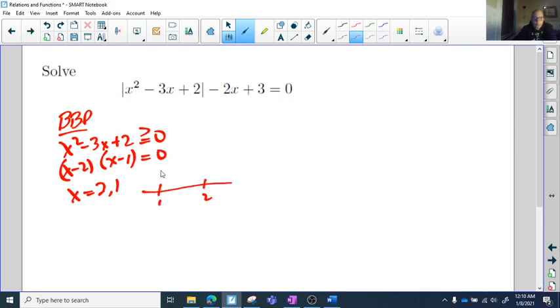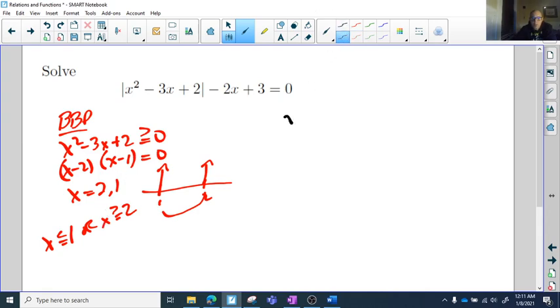So 1 and 2. It opens up, so it's positive here and here. So it's only positive if you choose x values less than or equal to 1, or you're working with an x value that's bigger than or equal to 2. So when I solve this, my answers must meet this criteria, or we call them extraneous.